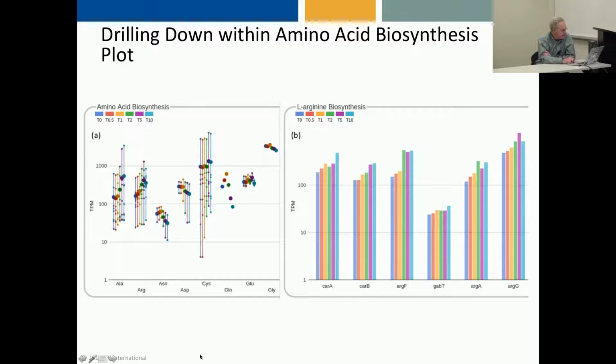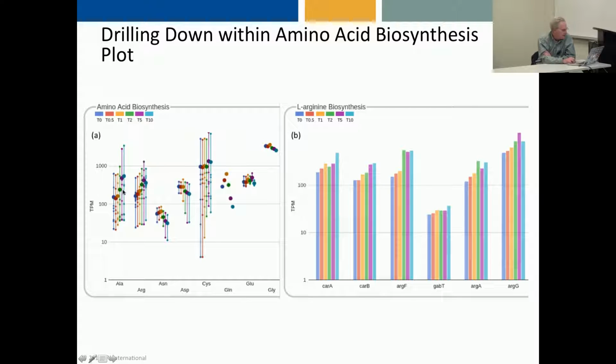Let's focus on the left side. The left side is now showing essentially the same kind of graphical plot, but now for each individual amino acid biosynthetic pathway separately. So these are all the genes involved in making alanine. And again, we have the same 6 time points. We're plotting that set of genes along each of the vertical lines at each time point, and the big dots are the averages.